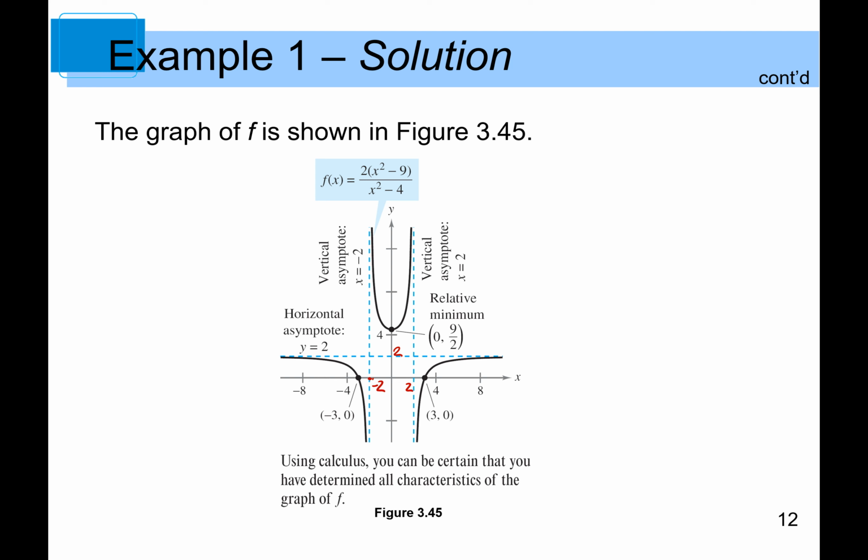That matches with the table. And from negative 2 to 0 is concaving upward and decreasing. From 0 to 2, that's concaving upward and increasing. The last part of the graph from 2 to positive infinity is concaving downward and increasing.